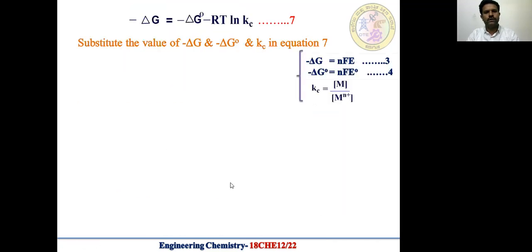Now substitute the values of minus delta G, minus delta G naught, and the equilibrium constant Kc in equation 7. Then equation 7 becomes N F E is equal to N F E naught minus RT ln of the concentration of M divided by the concentration of M n plus. That is equation number 8.